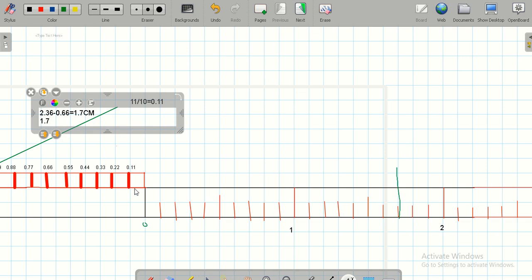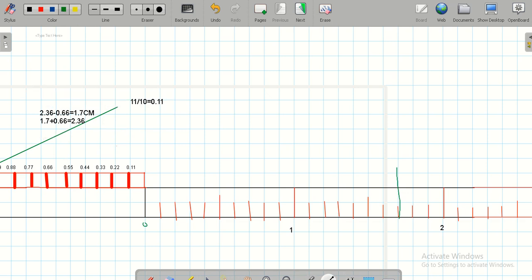This is 1.7 plus 0.66. Then I will get 2.36. Means on the left side you measure 1.7 and the remaining 0.66 you measure on the Vernier. Are you getting how the trick is happening?